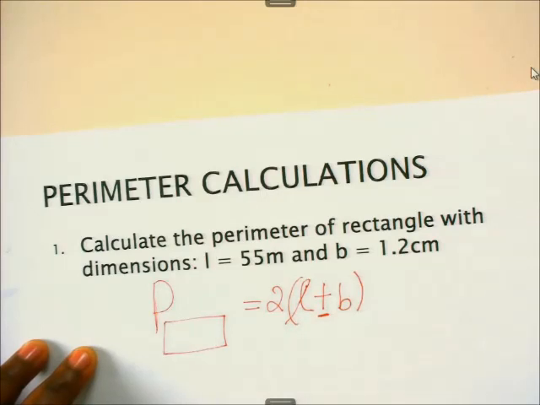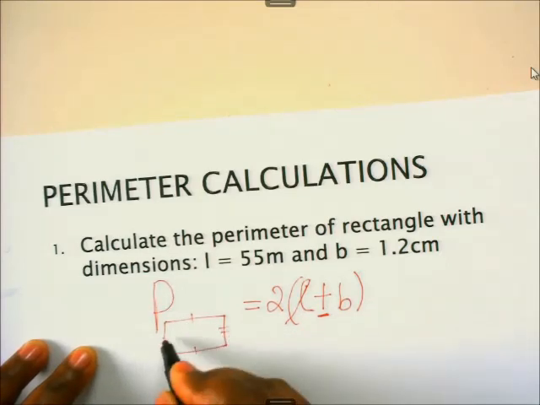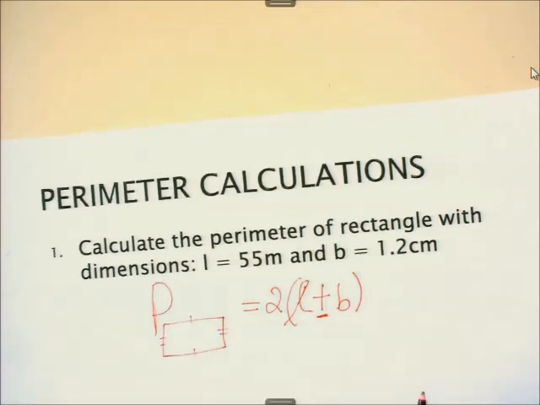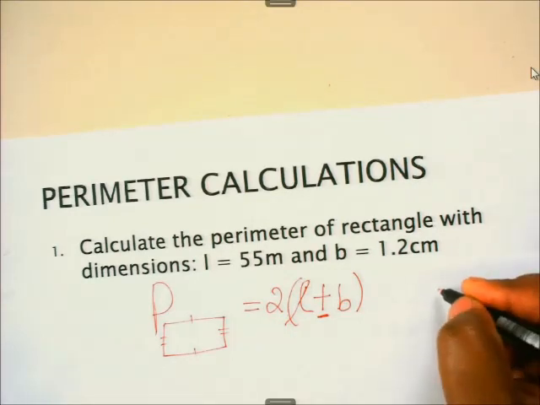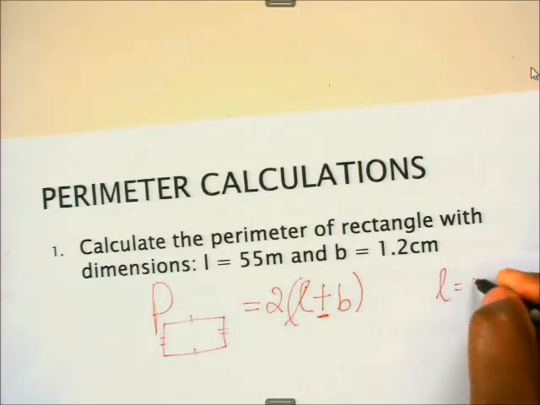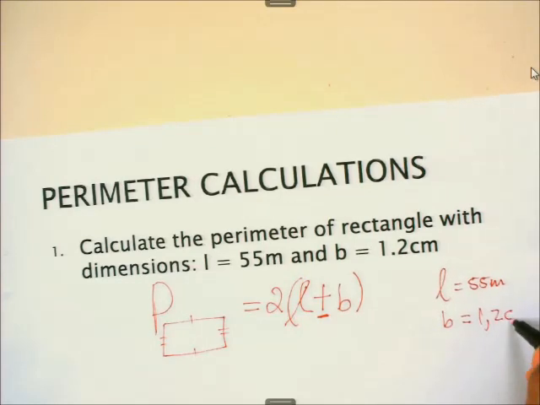That's the first thing that you need to know: your formula. Perimeter of a rectangular shape will be equal to 2 into length plus breadth. Now, let's check our data. Our length is equal to 55 meters and our breadth is equal to 1,2 centimeters.